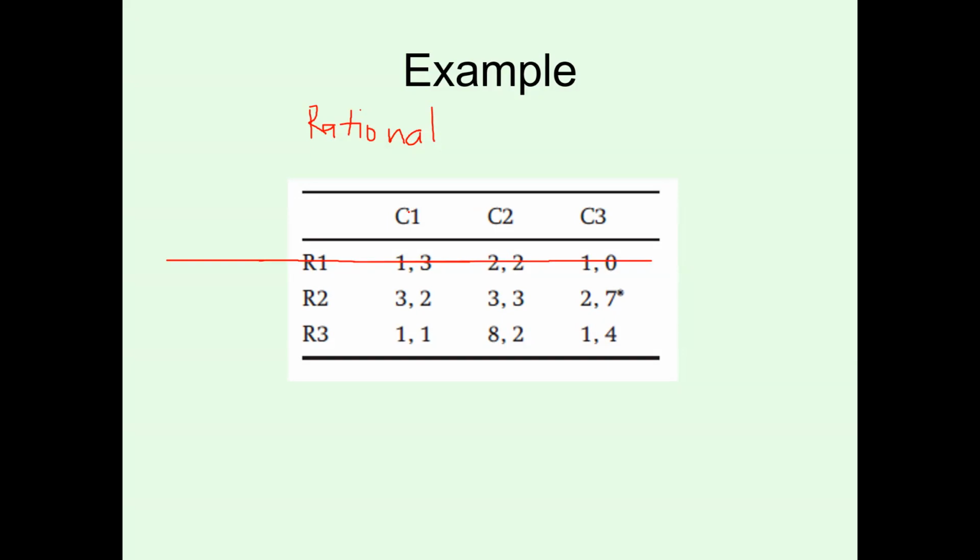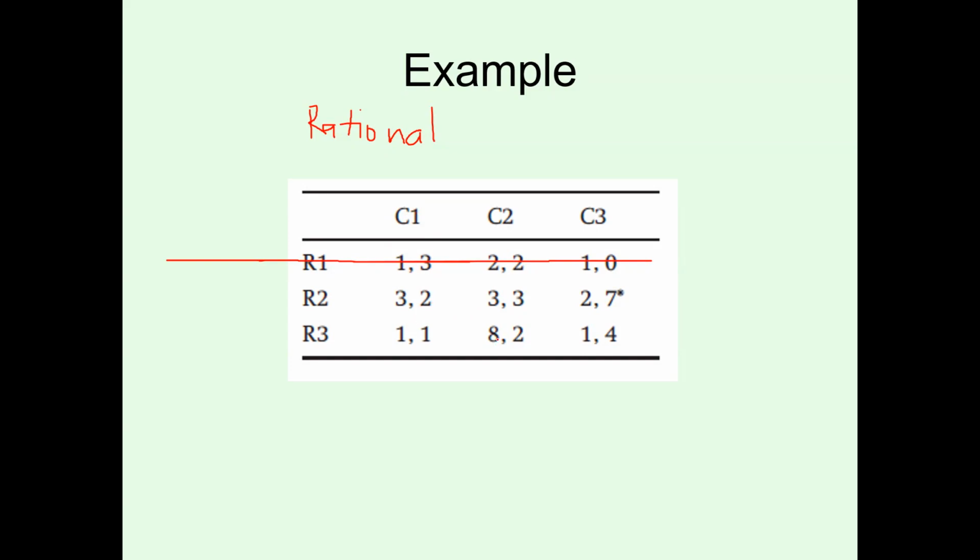So if I look at C1, and if the row player chooses R2, I will get 2. If he chooses R3, I will get 1. So if my opponent, the row player, chooses R2, I would look at which strategy would help me.